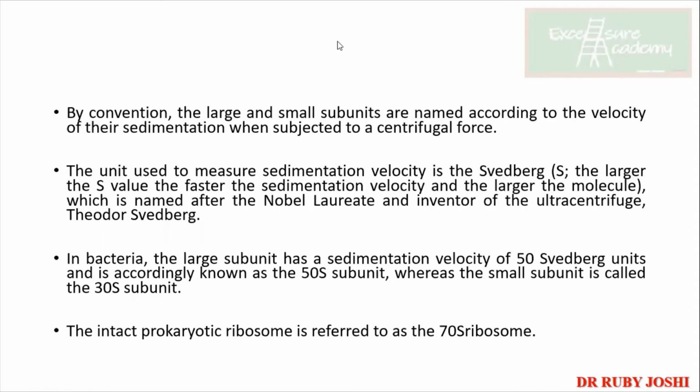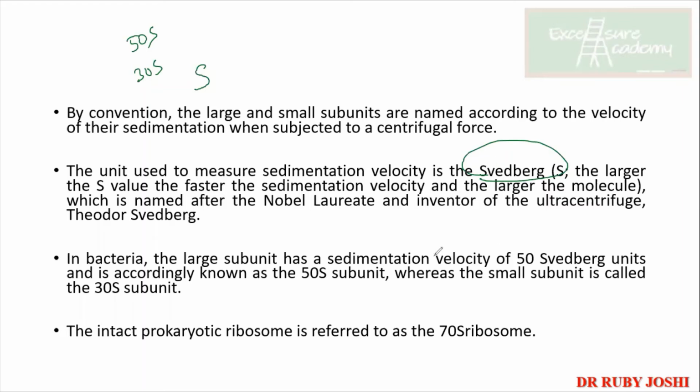Okay. Now, this is also something which we already know. The large and small subunits. So in this, that S जो रहता है, हम जो लिखते हैं यहाँ पे 50S, 30S, that S stands for what? So in few cases they say it is a sedimentation quantity or value, and it is named after the Nobel laureate whose name was Theodor Svedberg. Okay, so S is nothing but a unit to measure the sedimentation velocity. Svedberg, okay, उसके नाम के बाद से लगा है.